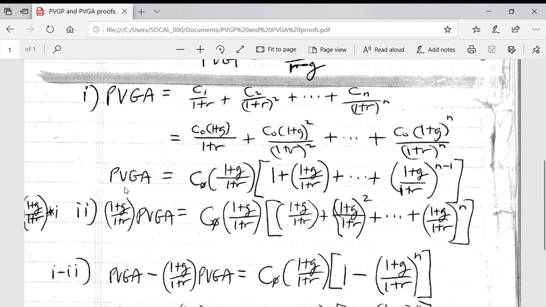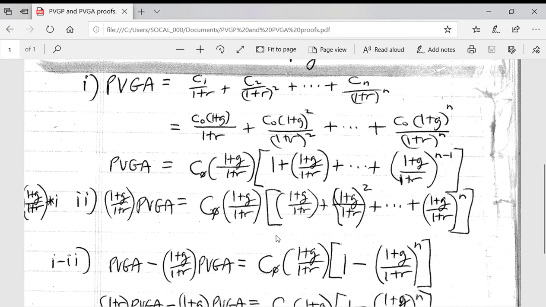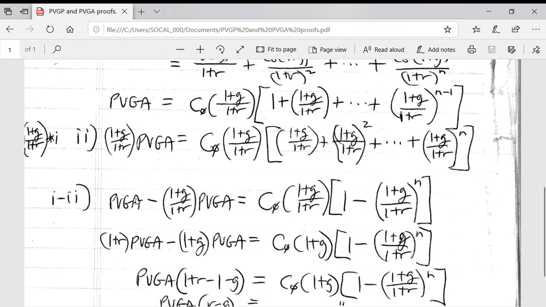If this equals this and this equals this, then the difference in the left-hand sides logically must equal the difference in the right-hand sides. So here I calculate the difference in the left-hand sides. It's 1 minus 2, so PVGA minus 1 plus g over 1 plus r times PVGA. And then over here, it's this minus this. Well, the C0 times 1 plus g over 1 plus r factors out, of course. And then we have a lot of canceling going on. This term cancels with this term.